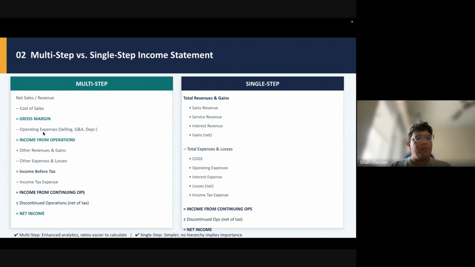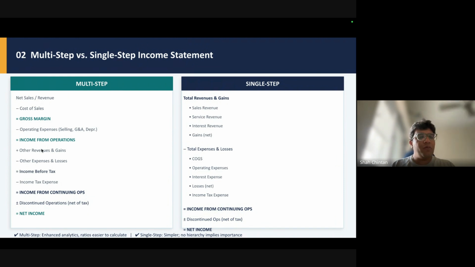So gross margin minus operating expenses, you get income from operation. This is nothing but your EBITDA. Again, this is a very, very important aspect that your income from operation has to be positive, then your business is doing good. Otherwise, you need to control your operating expenses.